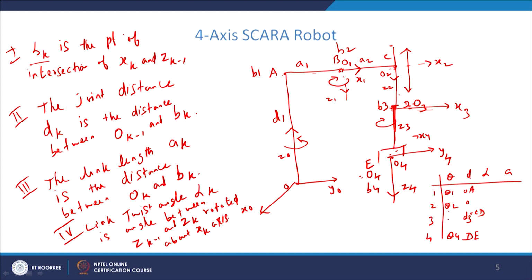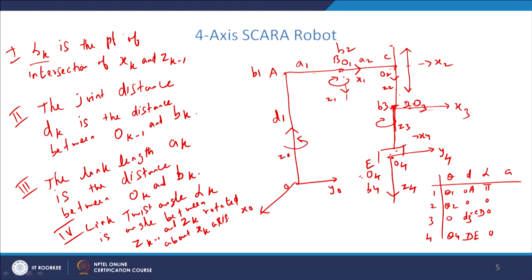This angle is 0, the angle between the third one, it is 0. Now, alpha 1 is 180 degrees, for the first, Z0 and Z1 have 180 degrees between them. Z1 and Z2 are 0, they are parallel. Z2 and Z3 are in the same direction, that angle is 0, and the fourth one, Z3, Z4, is in the same direction.